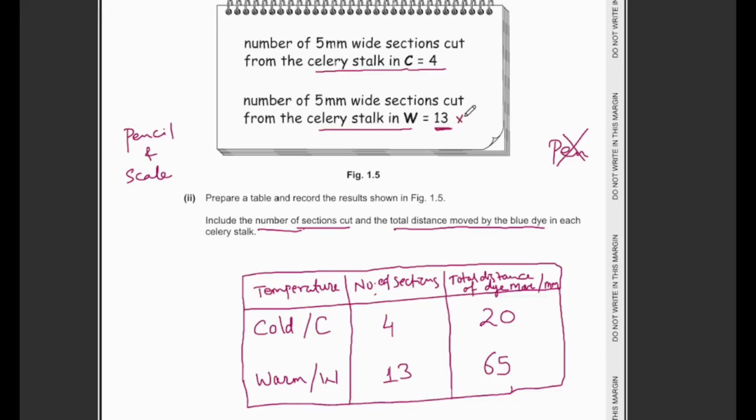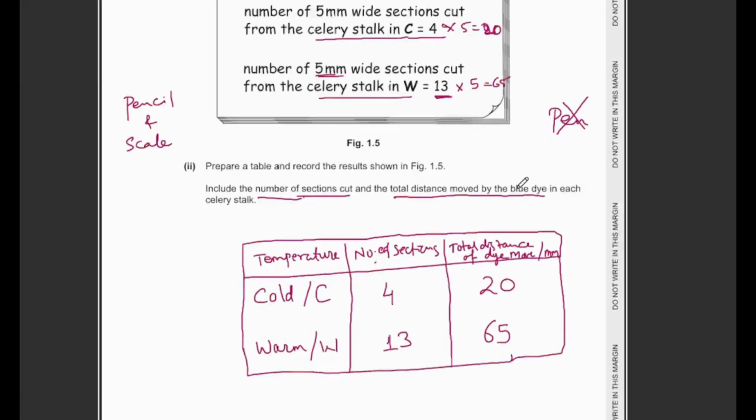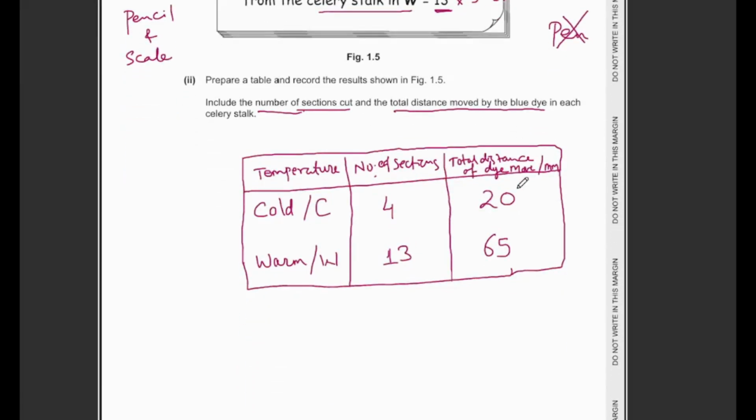So 13 times 5 mm gives 65, whereas 5 times 4 is 20 mm. From that we got the answers 20 and 65. I hope it is clear now. Be sure you draw it with pencil, use an eraser and scale, don't do it with a pen. And that's our table. Easy.